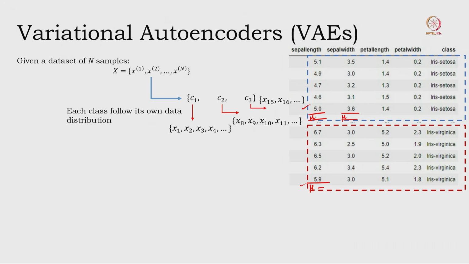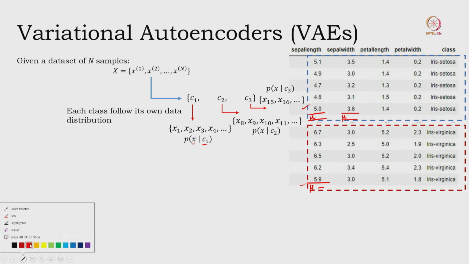That is what is being written here. How do you read this? The probability distribution of the feature value x given class C1, or belonging to class C1. Similarly, the probability of x given class C2, and the probability of x given class C3.